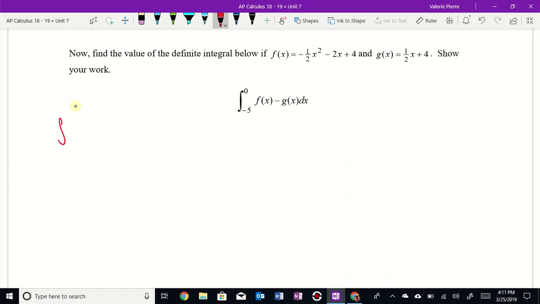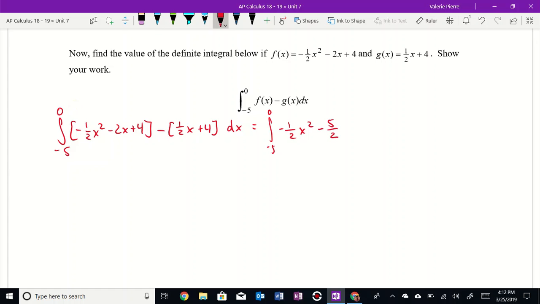So what we'll get is the definite integral from negative 5 to 0 of negative 1/2 x squared minus 2x plus 4 minus the quantity 1/2 x plus 4 dx. We can combine these to be the definite integral from negative 5 to 0 of negative 1/2 x squared minus 5/2 x dx.